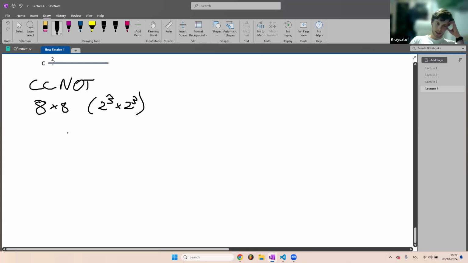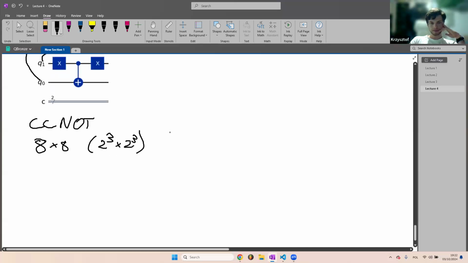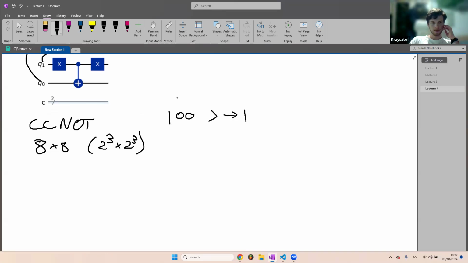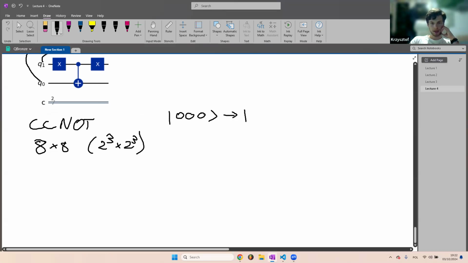So I will not write this, but the idea is that if both qubits are 0, no matter what the value of the third qubit is, the... maybe not X is not good, will be some, for example, A.